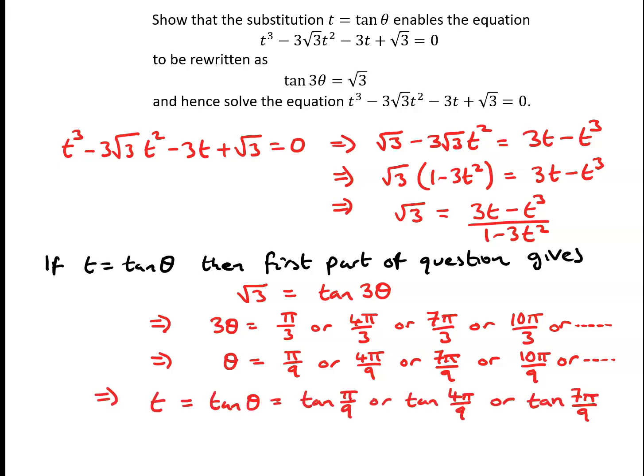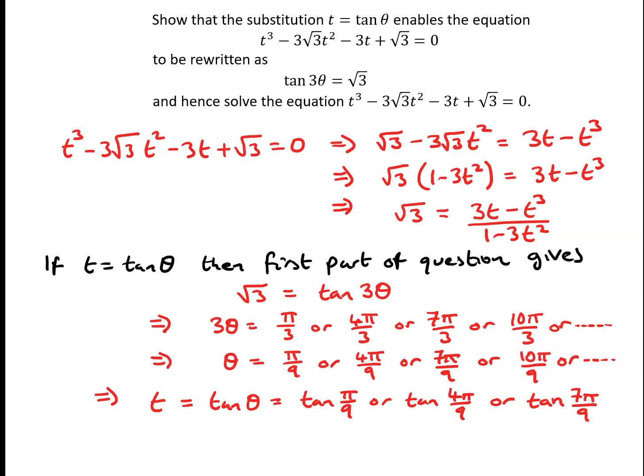So tan theta, or the value of t, is either tan of pi by 9, or tan of 4 pi by 9, or tan of 7 pi by 9. Tan of 10 pi by 9 is actually an exact repeat of tan of pi by 9, because tan has a period of pi. It repeats every pi.